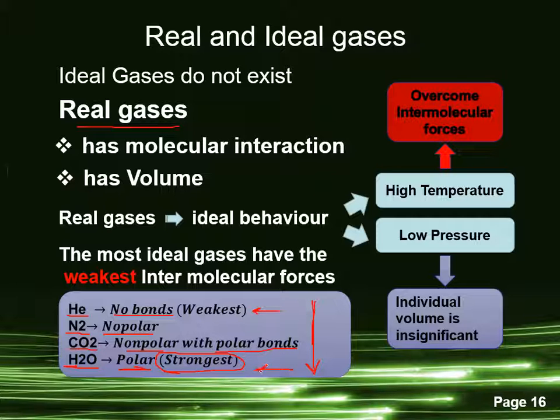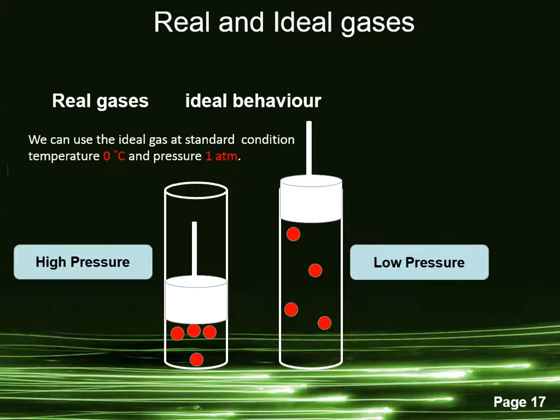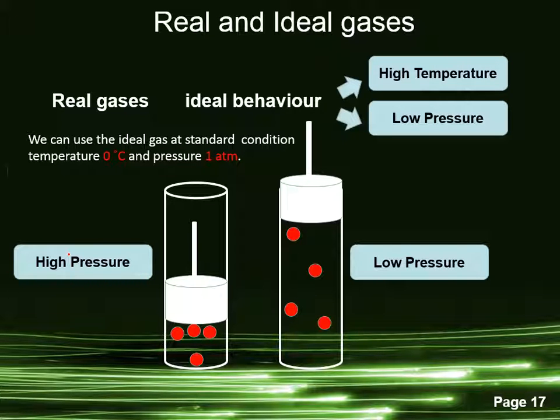Now, how can we correlate the ideal gas when we have a real gas? As I said in the last slide, at high temperature and low pressure, the real gas behaves ideally because the particles are not close enough to interact with each other.